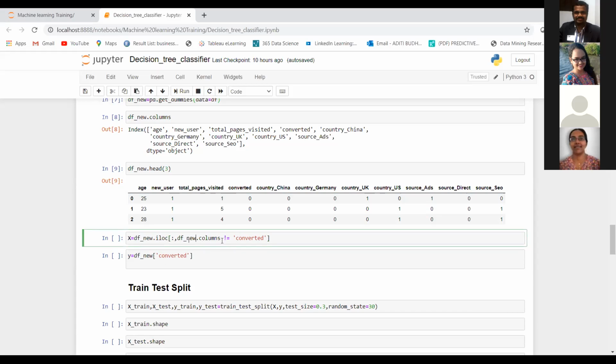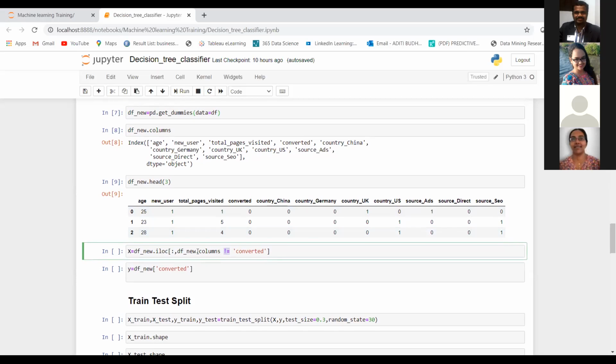Here I want to use all of my columns except the converted column, so I'm using this not operator. Now df_new.columns will give me all the column names, but I do not want converted. I want all the columns except this converted column, so I'm using this not operator over here.